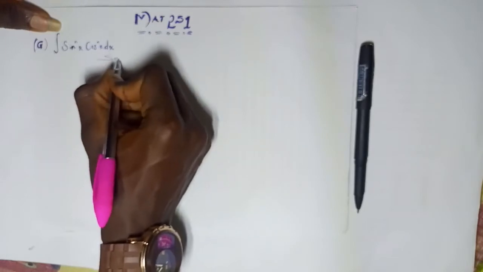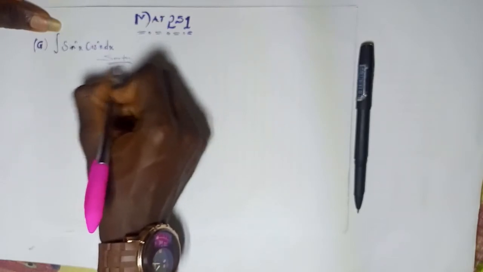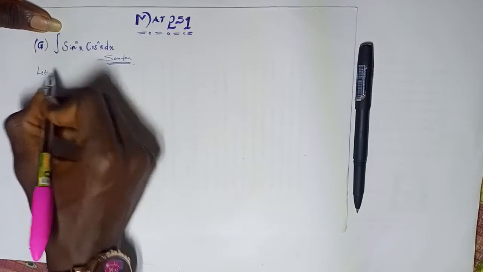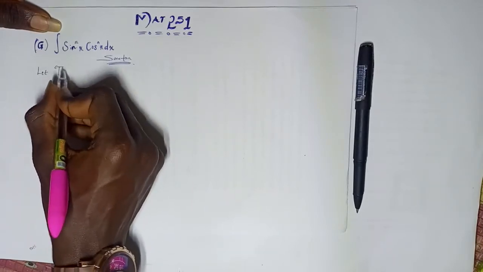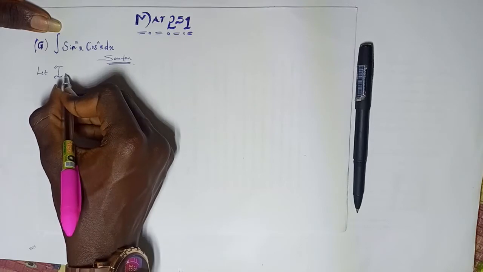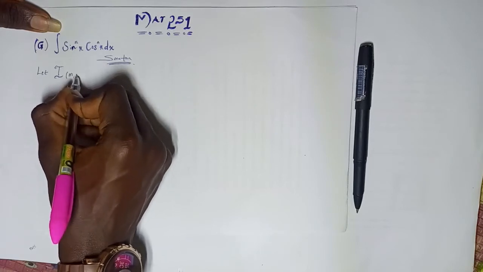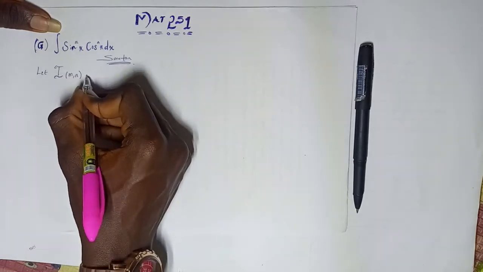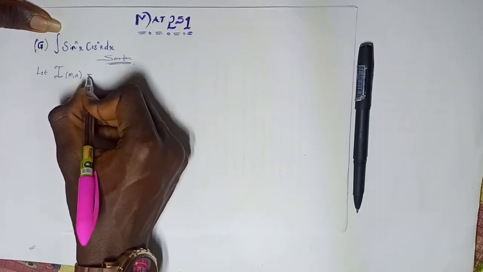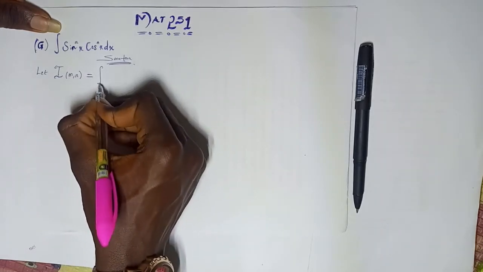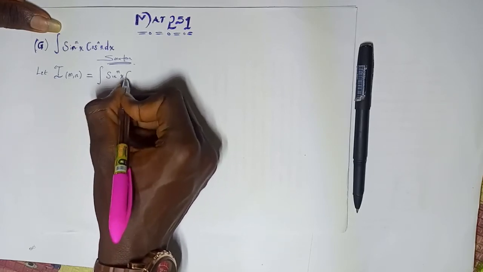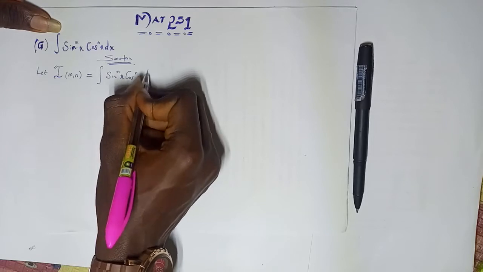It's very, very direct. The solution simply implies that this time around, you are going to let I of m and n, the two powers m and n respectively, be the integral of sine of mx cos nx.